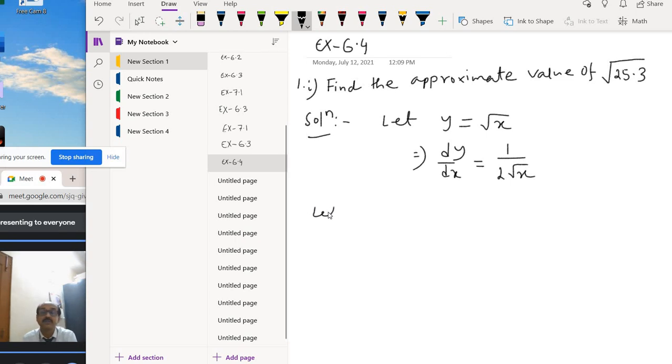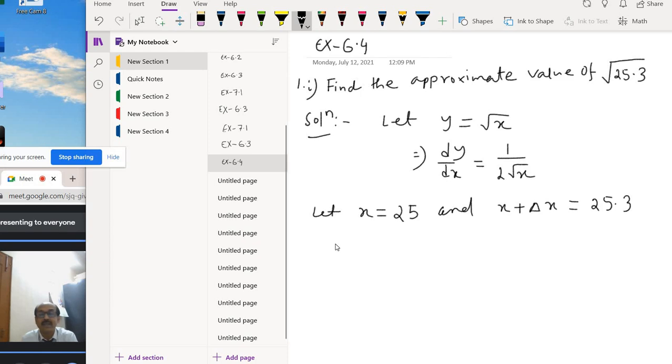Let x equal to 25, because the question is 25.3, so x plus delta x is the quantity inside the root, that is 25.3. Let x equal to 25 and x plus delta x equal to 25.3.